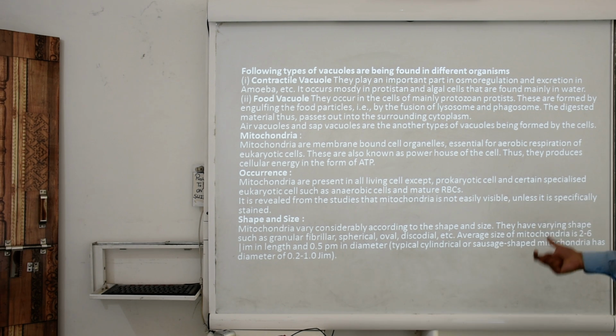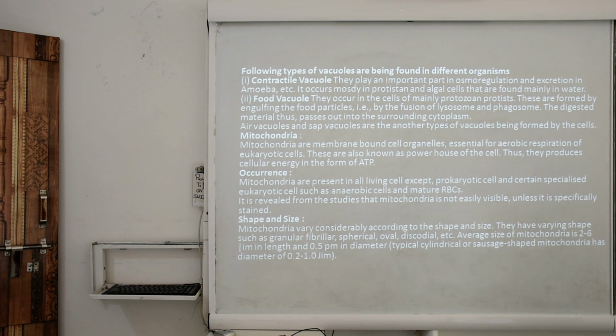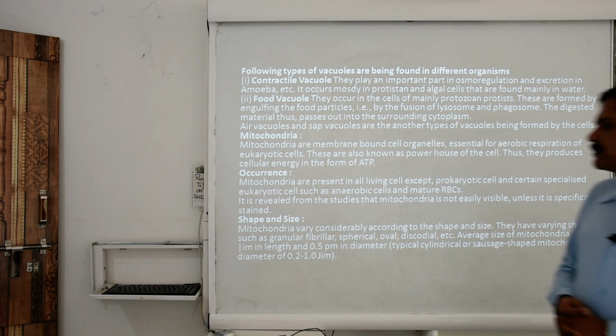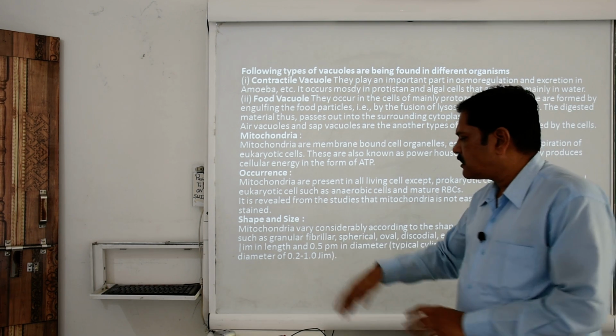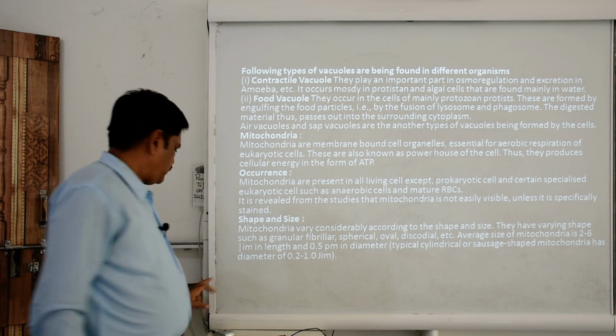Its normal size averages 2 to 6 micrometers in length and 0.5 micrometers in diameter. Basically its diameter generally ranges from 0.2 to 1 micrometer.